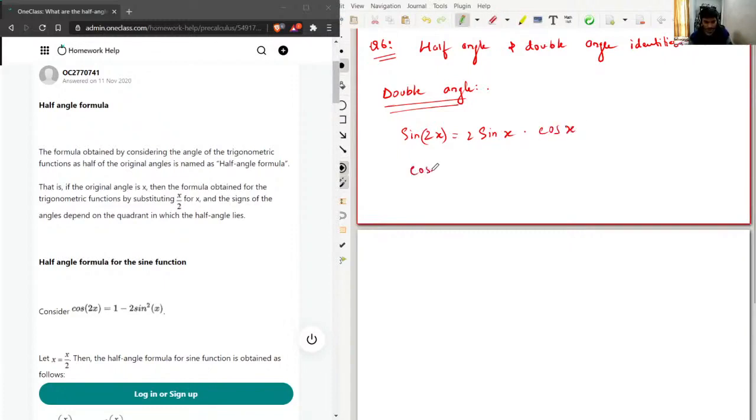For cosine, we have cosine square x minus sine square x, or 1 minus 2 sine square x, or 2 cosine square x minus 1. For cosine we have three formulas. I don't know why, but cosine gets a special kind of treatment.